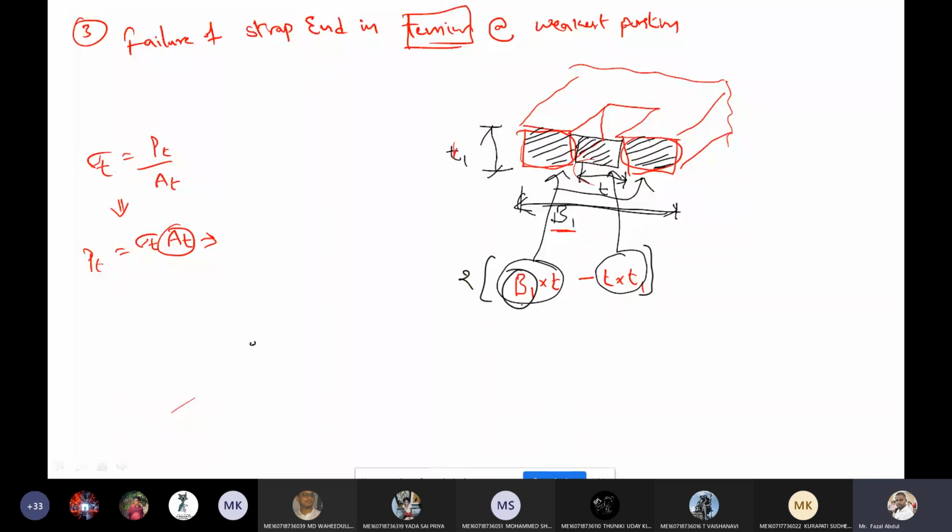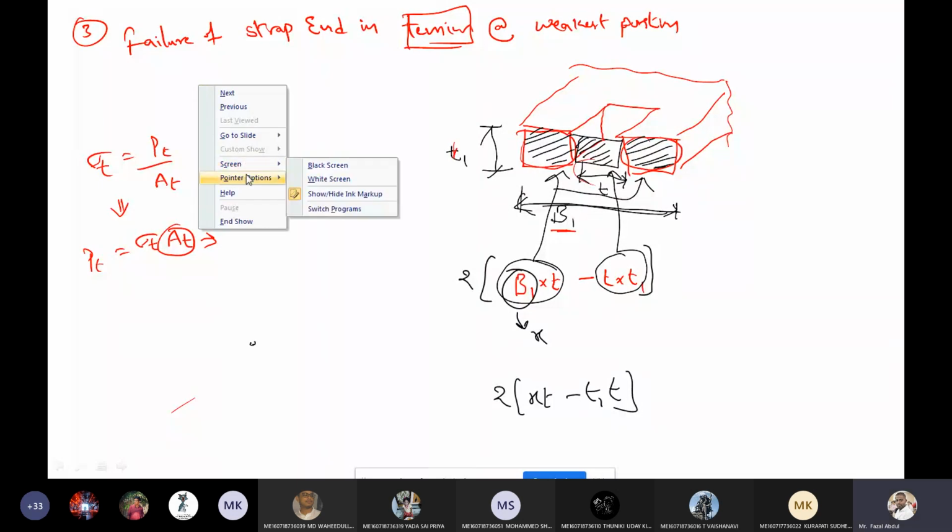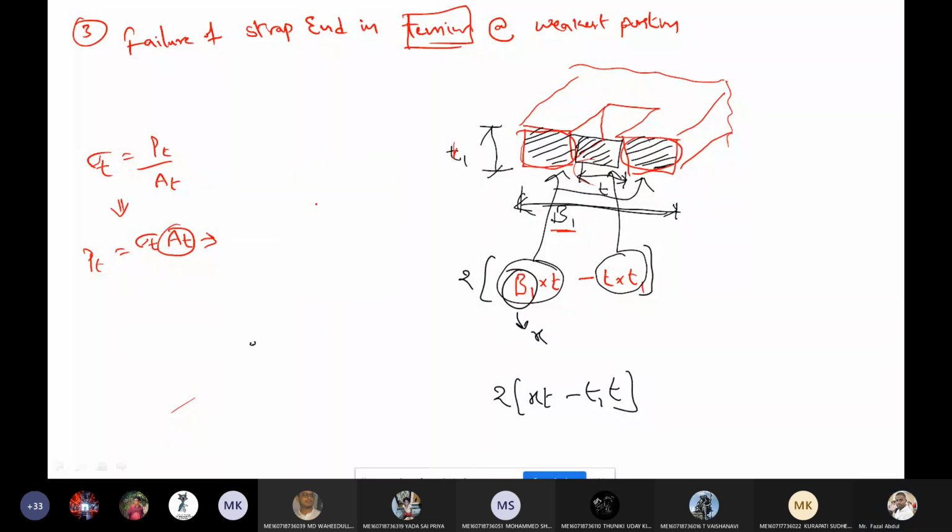Now B1, what I said, B1 is the width of the strap, nothing but equal to the X value. So I'm writing this: 2 into X into T minus T1 into T. So that is going to be written here as PT equal to sigma T into 2 into X into T minus T1 into T. So this is the one equation.